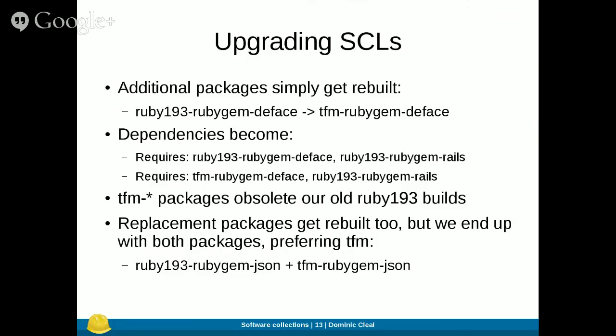They'd both be installed, perhaps, depending on package dependencies. But when you're in the Foreman environment, because of the order in which we activate our collections, the order in which the paths are set up, we'd be preferring our newer TFM JSON. This also means that we don't affect applications built on the Ruby 193 stack. So in theory, you can install a Ruby 193 application alongside a Foreman application.